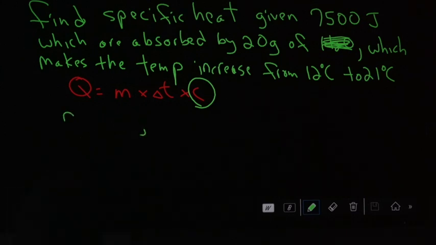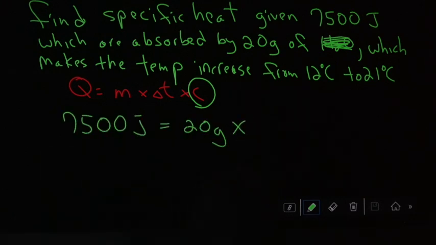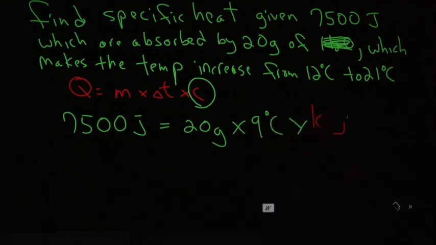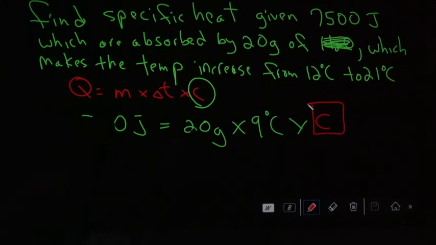7,500 joules equals 20 grams times temperature change. Temperature change is 9 degrees times what we're looking for, C. So what we have to do is multiply 20 times 9. So that would be 180.